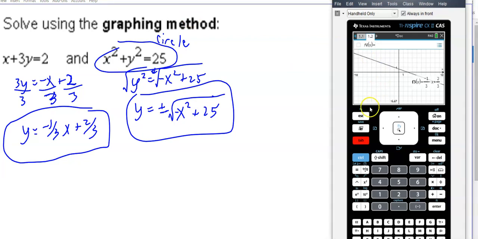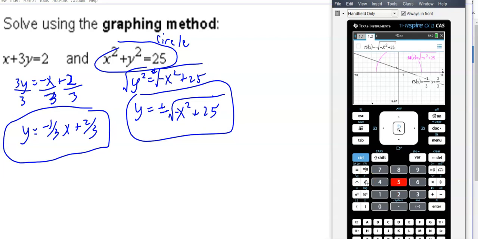The first one is going to be the positive case: the square root of negative x squared plus 25. And I'm going to graph the next function, which is negative the square root of negative x squared plus 25.